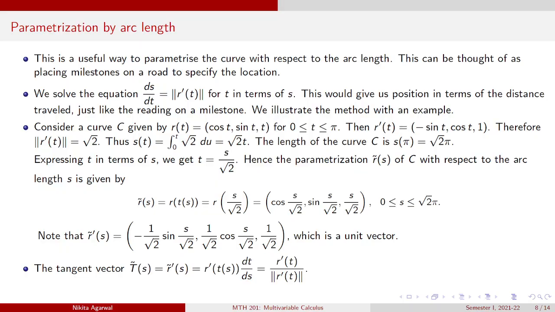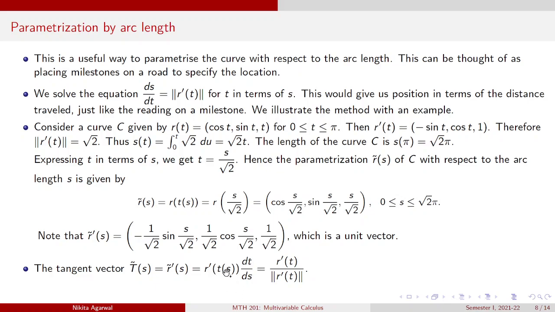So the tangent vector T tilde s, which is r tilde prime s, right? What is r tilde s? It's r of t(s). So when you use the chain rule here, you get r prime of t(s) times t prime of s, which is dt by ds.